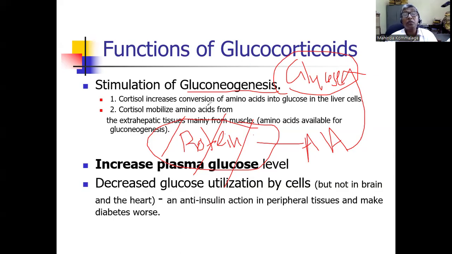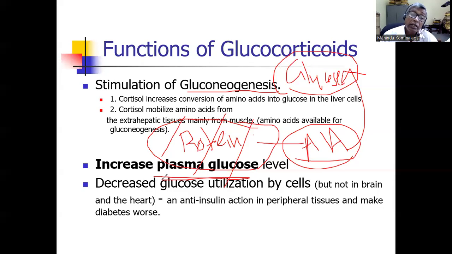So cortisol increases conversion of amino acids into glucose in the liver cells, and cortisol mobilizes amino acids. Mobilize means it breaks the protein and uses the amino acids in the liver. In this way it increases the plasma glucose level, and at the same time decreases the utilization of glucose by the cells, because it wants to maintain the glucose level high.